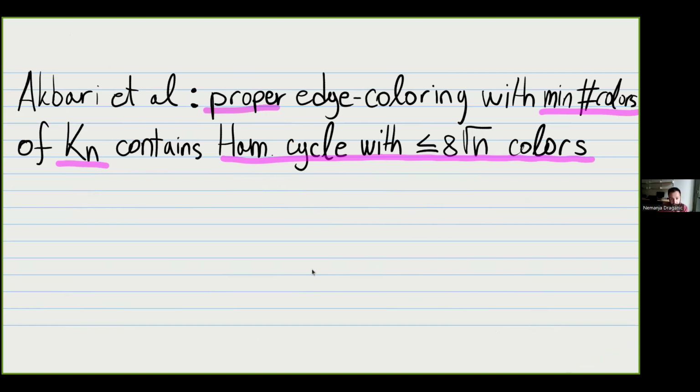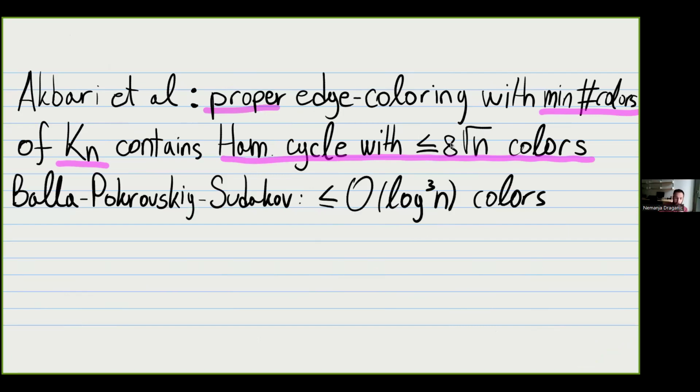For another application, we look at proper edge colorings of the complete graph. What we now want is a Hamilton cycle which uses few colors. Akbari et al. showed that you can find a Hamilton cycle which uses at most 8 root n colors. Then there was the result of Balogh, Pokrovskiy, and Sudakov, which shows that you can do it with only log to the 3 many colors.